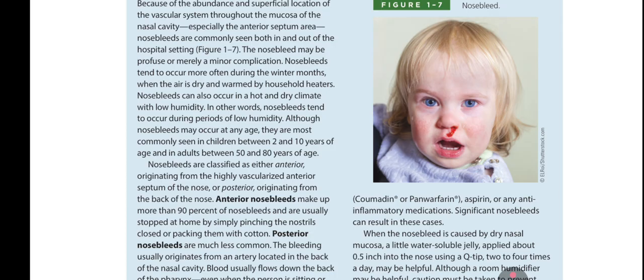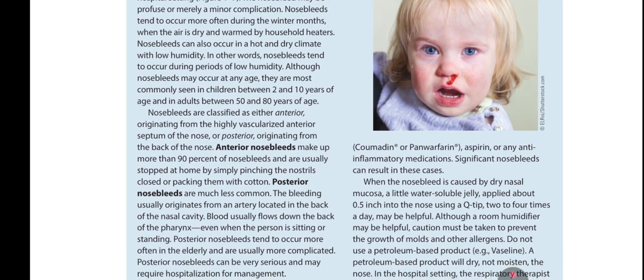It can probably be from the dry air and harsh weather, and that's all I can think of. Anterior nosebleeds happen, but these are way easier to have, because posterior nosebleeds are the absolute problem.